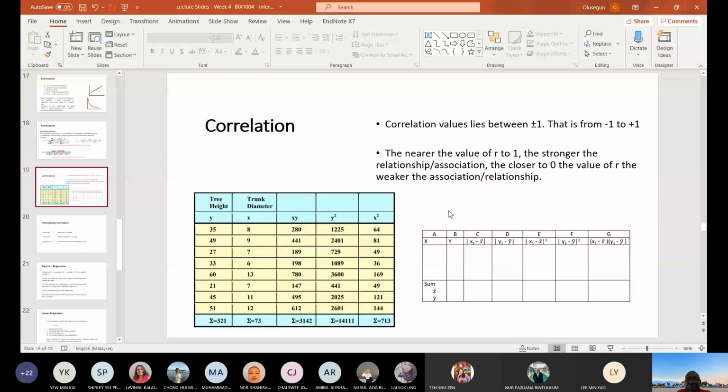That means you have a strong correlation between the two variables. 0.6 to 0.9, or 0.95, 0.98, because when you get to 0.99, it's almost a perfect 1. You are so close to 1. So that means the correlation is strong. The relationship between the two variables you are considering is so strong.